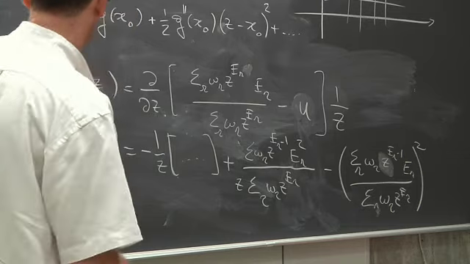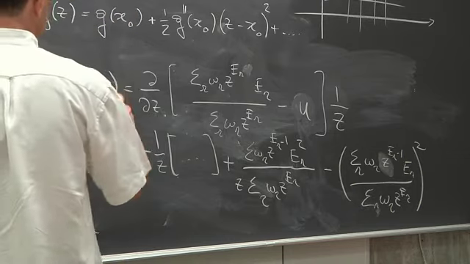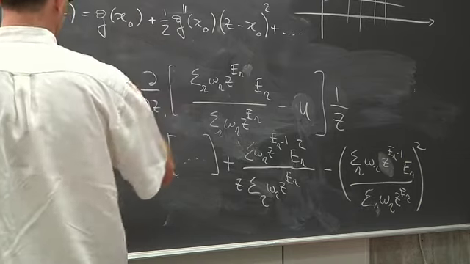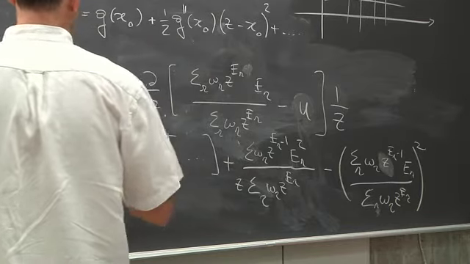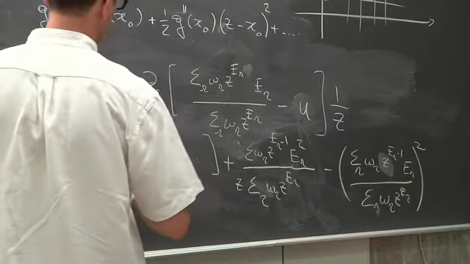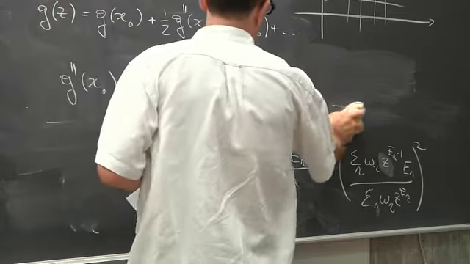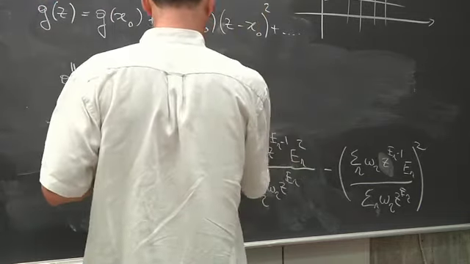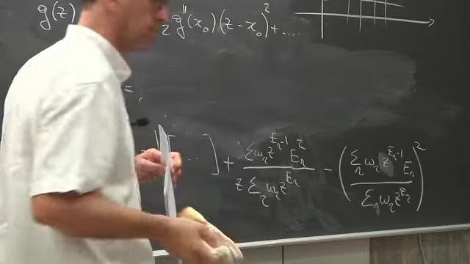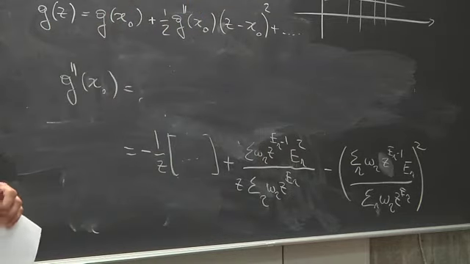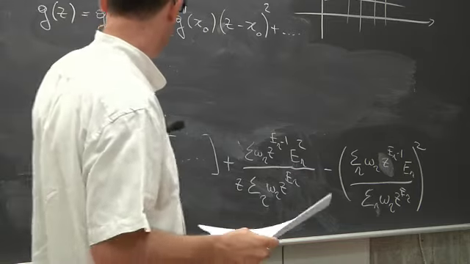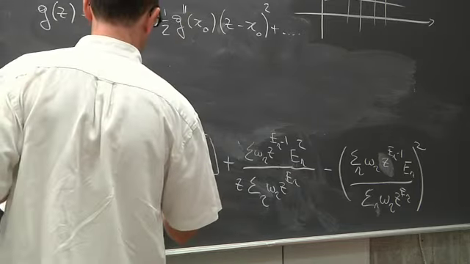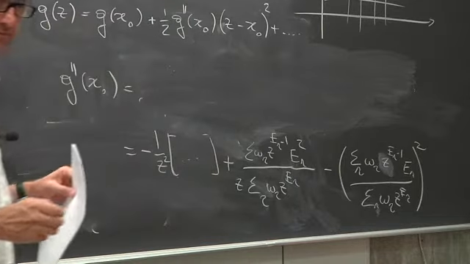Now, when I compute this at x naught, as I told you, this term will be equal to 0. This one should be squared, you're right, thanks.